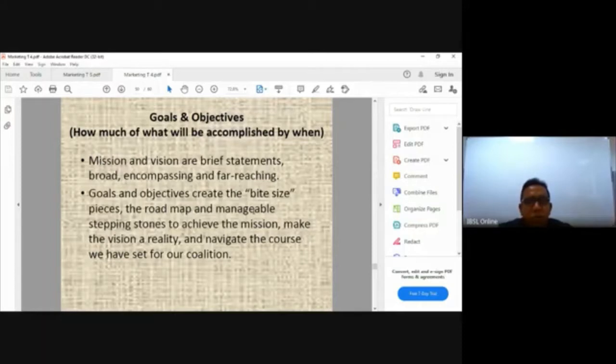Goals and objectives are bite-sized pieces, the smaller pieces, the roadmap to make the vision a reality and navigate the course we have set.